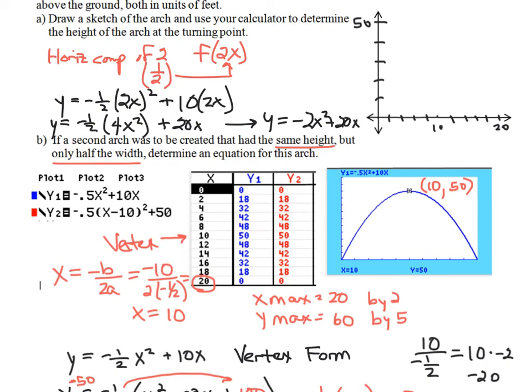Now go ahead and type that new equation into your graphing calculator and check that I do in fact get a parabola that only has a width of 10 instead of 20, but it still has the same height of 50. So this is an important skill to be able to do.